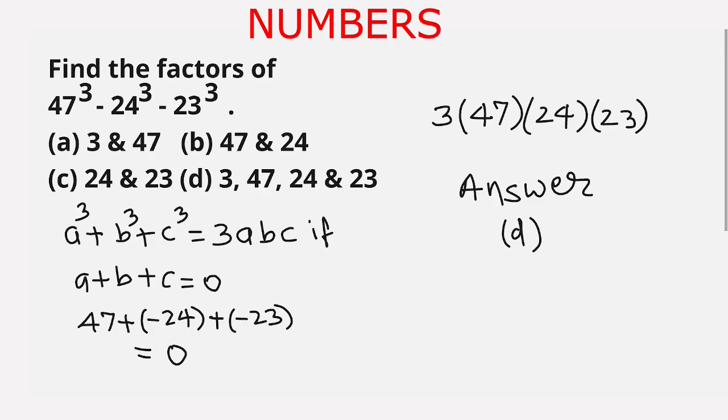These are the factors of 47 to the power 3 minus 24 to the power 3 minus 23 to the power 3. I hope you have understood the method of solving such type of questions. We go to the next question.